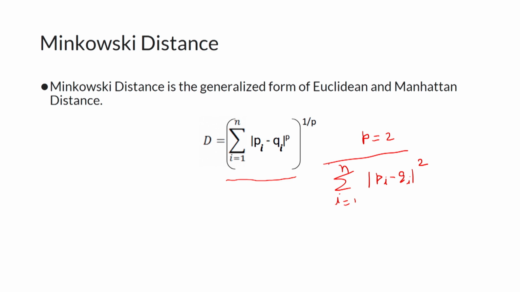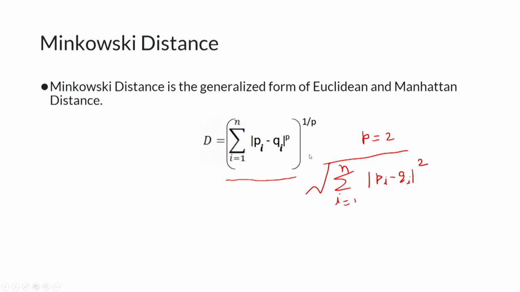This leads to the Euclidean distance if we take the value of p as 2. In general, in place of 2 we take p, and we can have any value of this p.